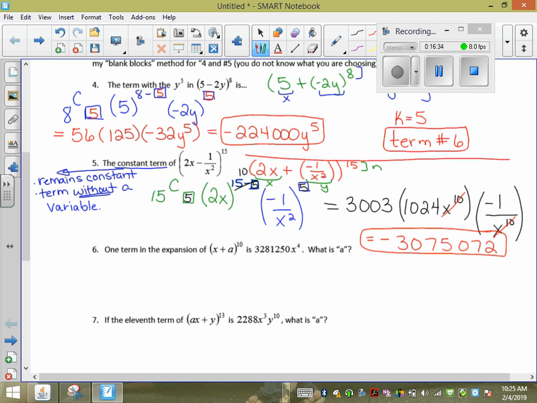What's the term number that is the constant term? Yeah. 6, because once again we have our k equal to 5, and our k is 1 less than our term. Make sense?